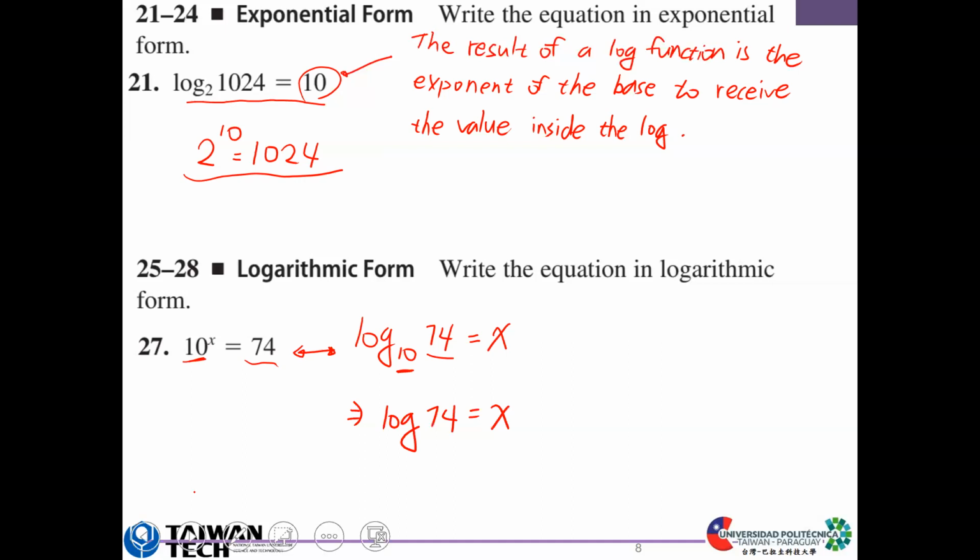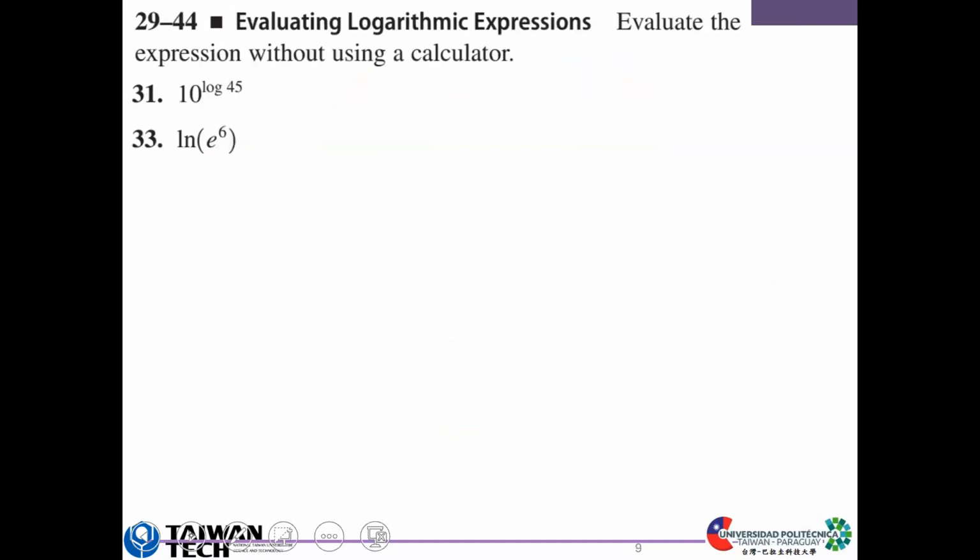Okay, if no questions, let's look at the next problem. Problem 31, 10 to the power of log 45. Let's look at 31 first. If y equals log 45, what does that mean?